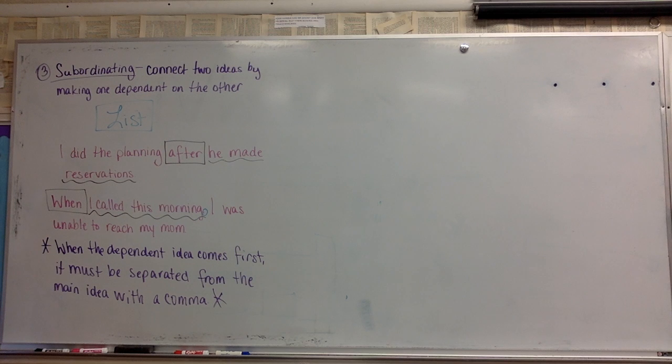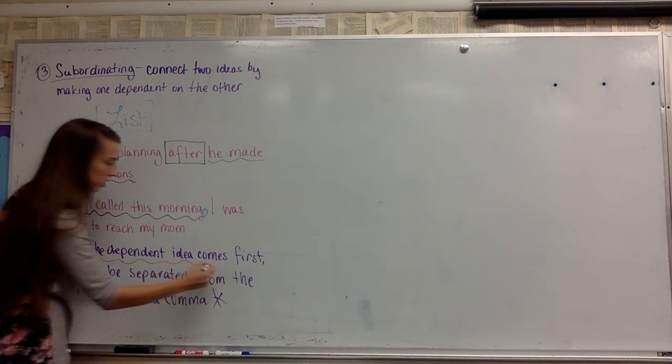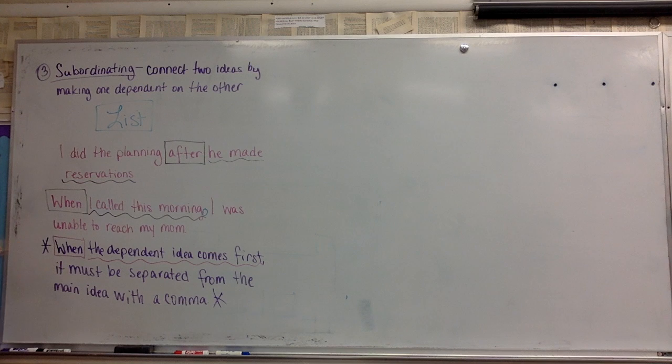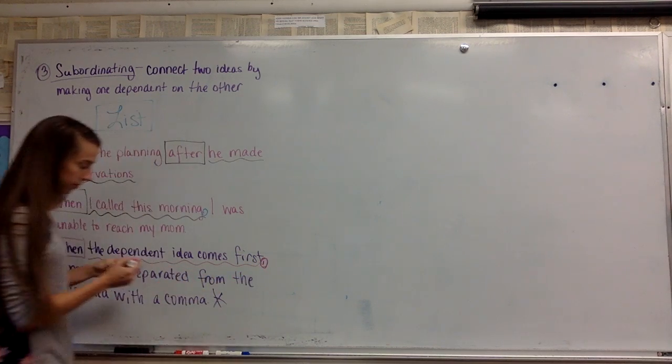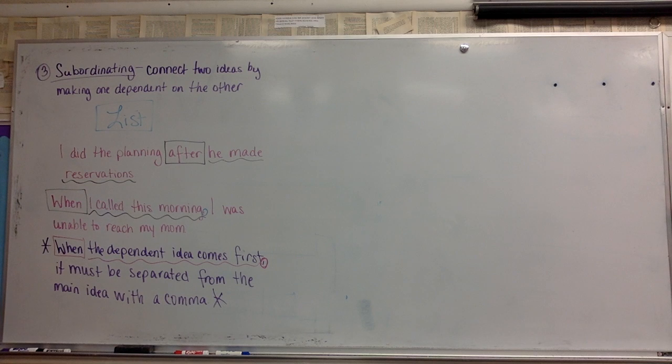So, as you'll notice, this sentence in itself is one of these with a subordinating conjunction. So in this case, when is our subordinating conjunction, and the dependent idea that comes first is our subordinate or dependent clause, and then notice it is separated with a comma. So our helpful tidbit kind of acted as another example for us.